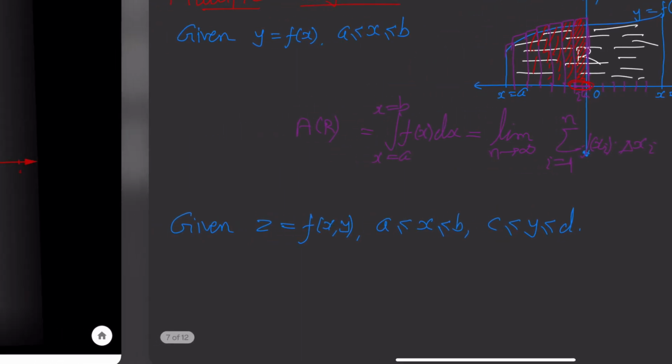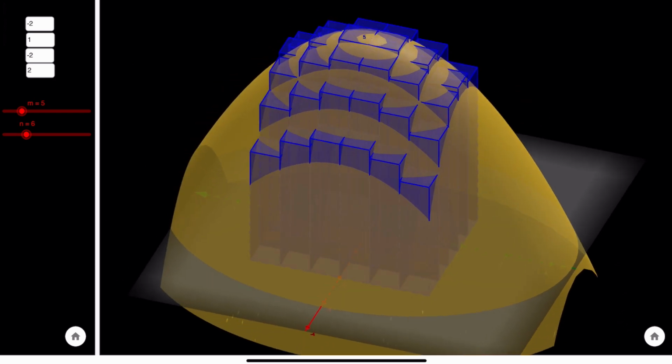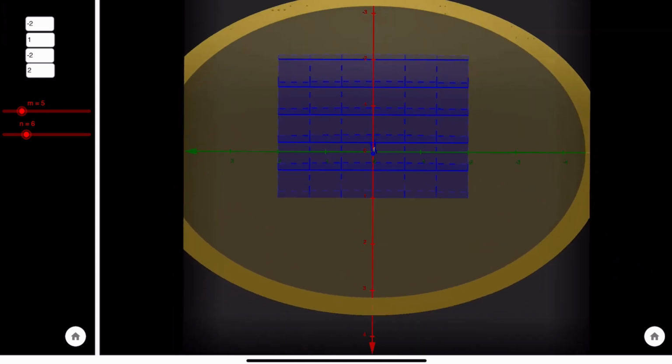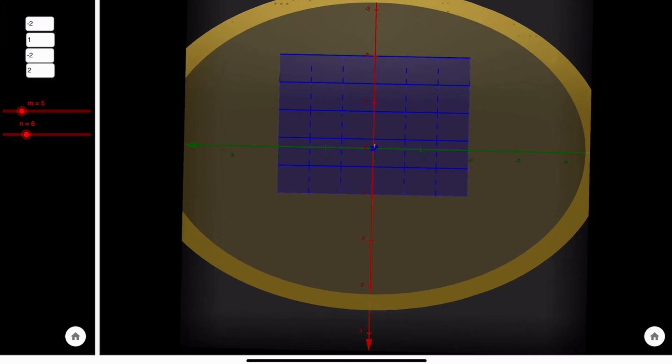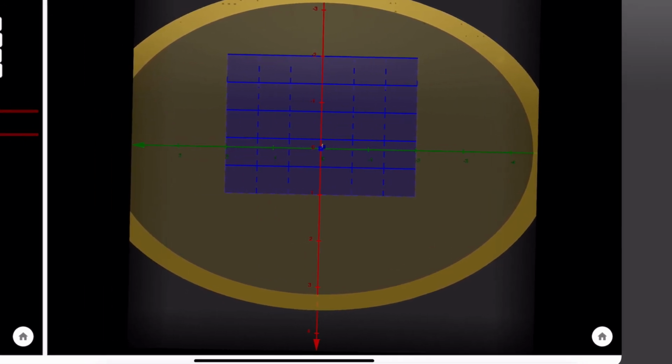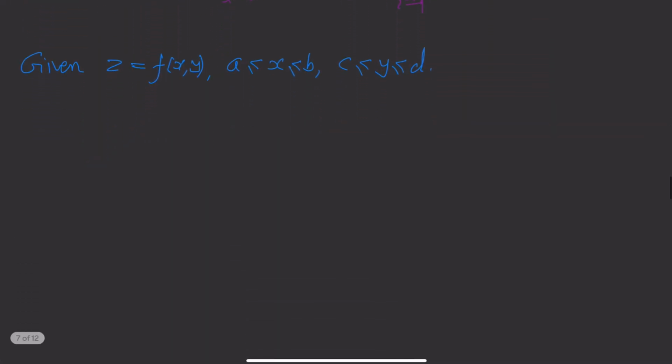So for example, for some particular f of xy from x is a to b and y is c to d, what is happening? Suppose this is the surface we have given.